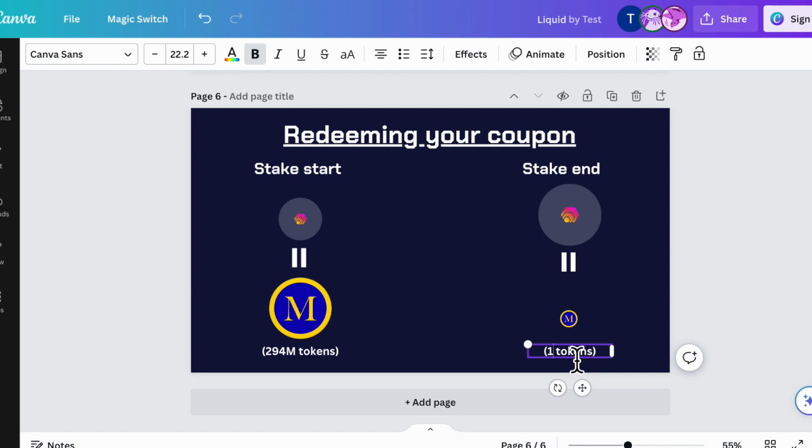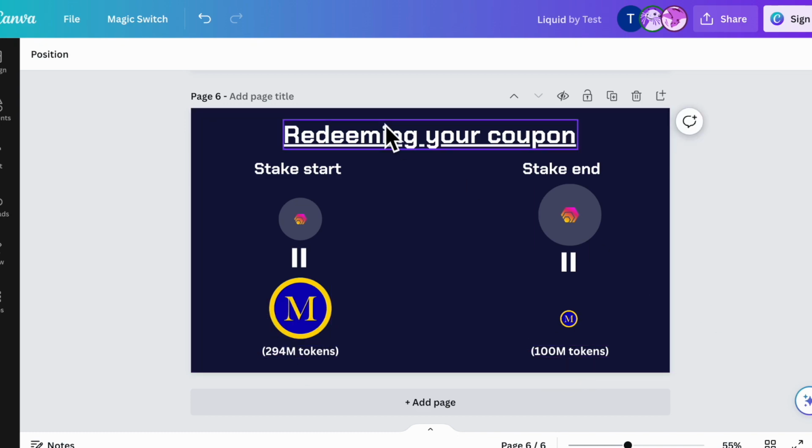We're not going to get that extreme case, most likely, but even if the supply goes down to like 100 million, that's like a 3x reduction in supply. And what that means is you're going to get 3 times the amount of rewards than if there was no burn. So this burn does have an effect.